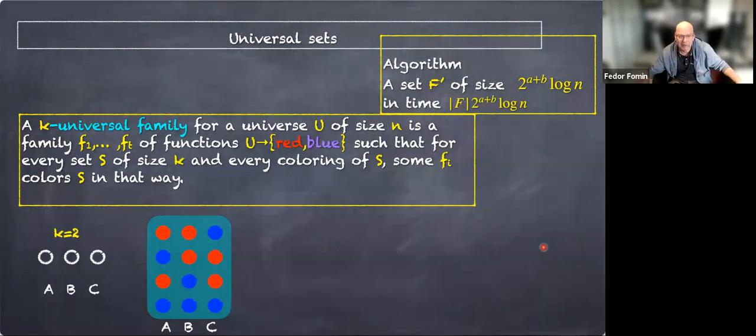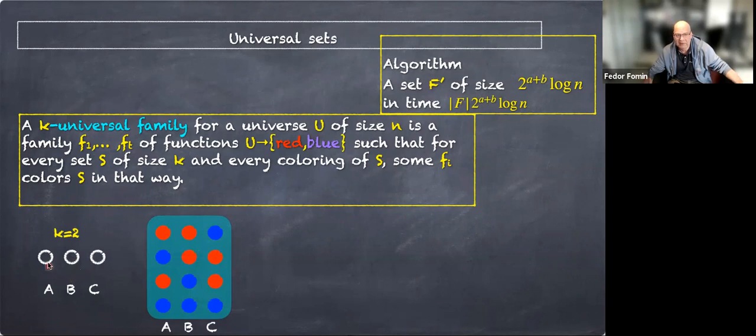For example, here I have a universe of 3 elements, k equal to 2, and this is my universal family. If you take any subset of size 2, for example B and C, and a coloring of B and C in red and red, this coloring exists here.